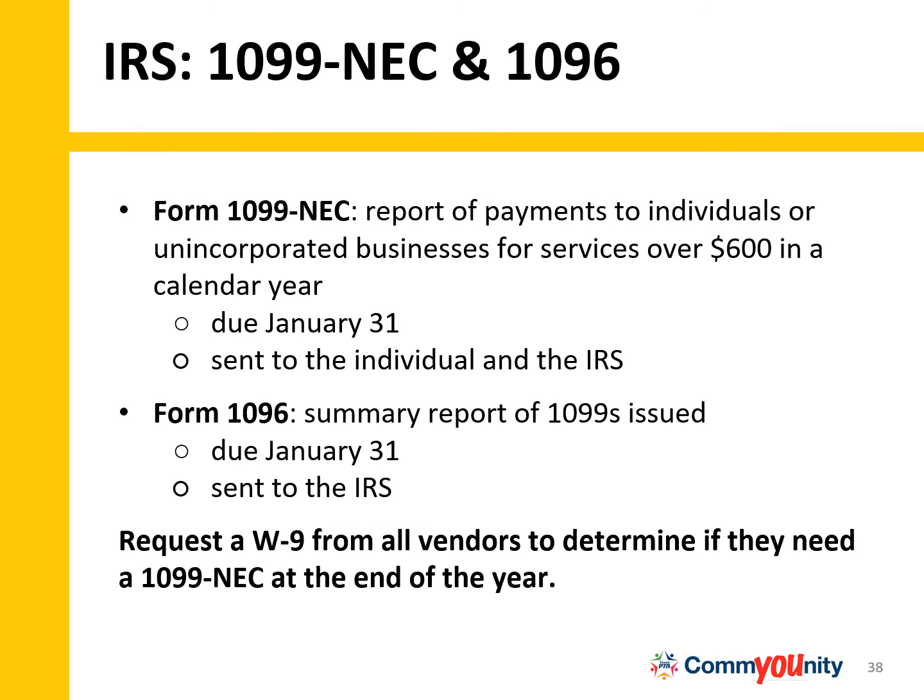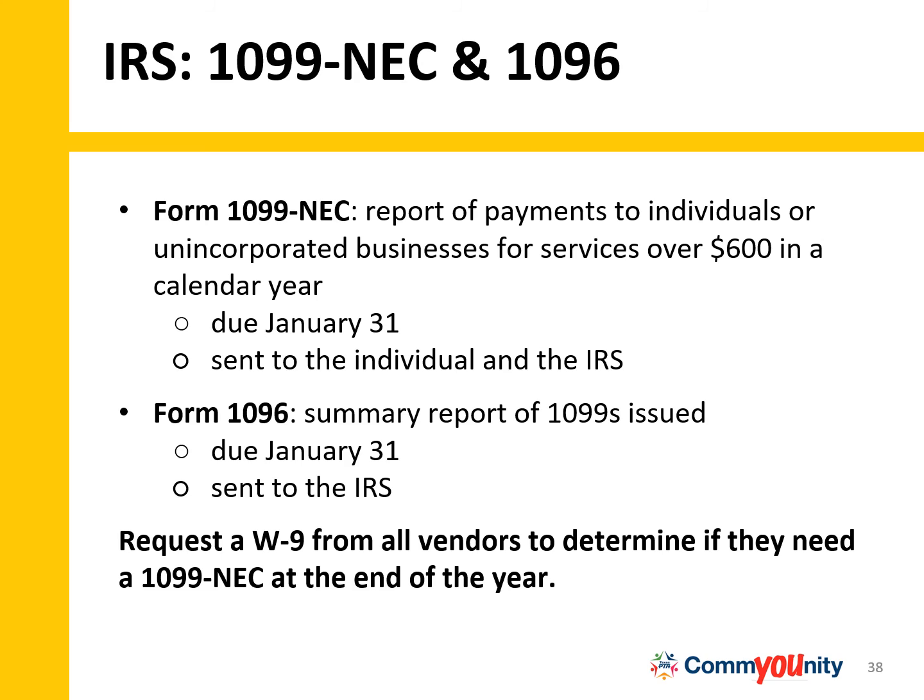If you pay an individual or an unincorporated business $600 or more for services, you are required to complete a 1099 NEC, non-employee compensation form, and a 1096 summary report. Both forms are due January 31st. Common PTA examples are a DJ, a magician, or an artist.